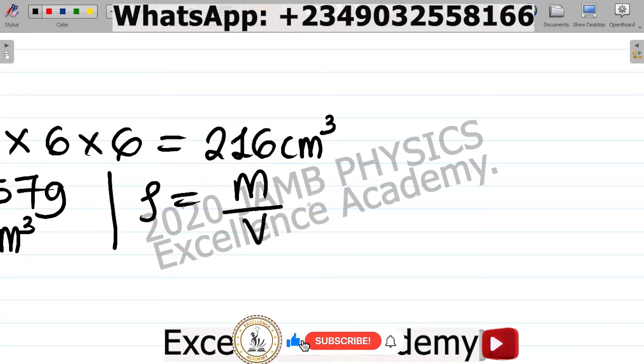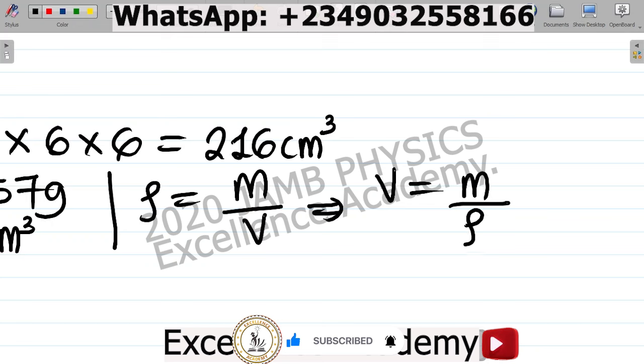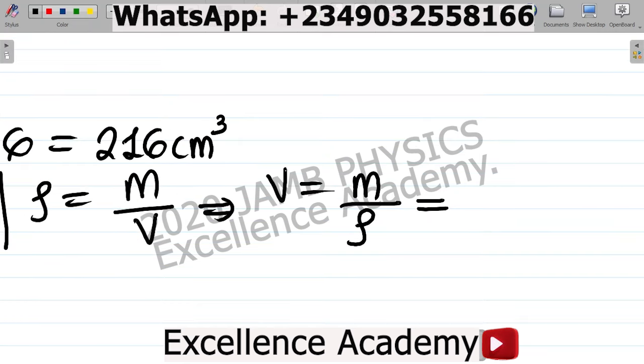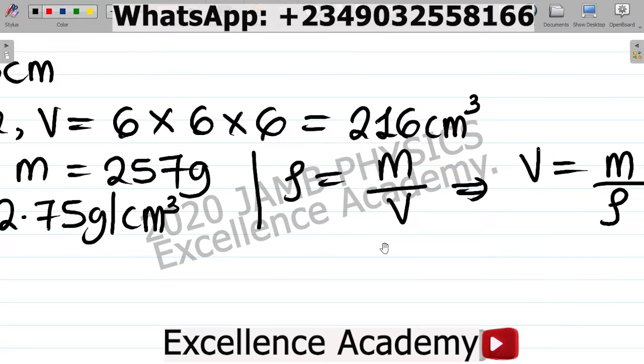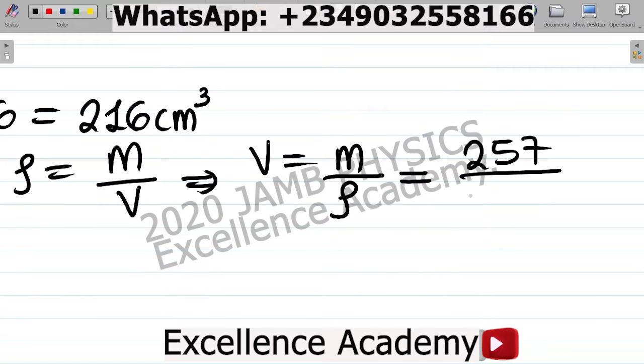In that case, if I make volume the subject of the formula, volume is equal to mass over density. That's equal to the mass, 257 in grams, all over the density, 2.75.